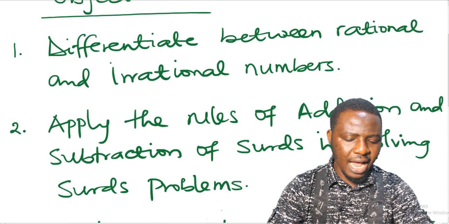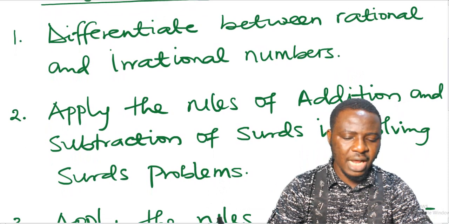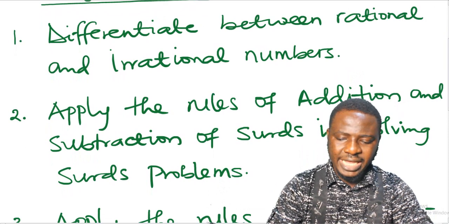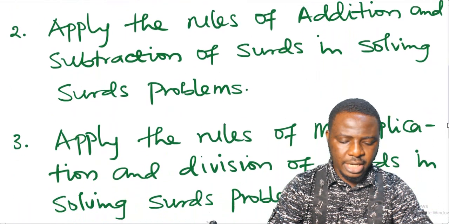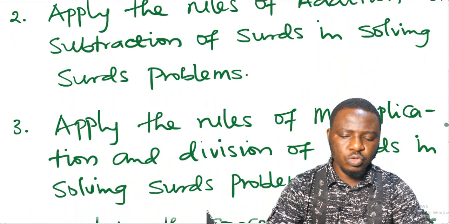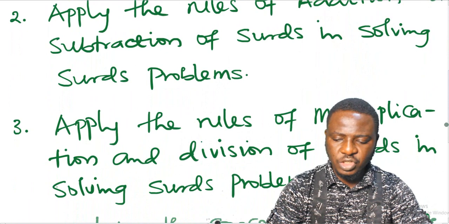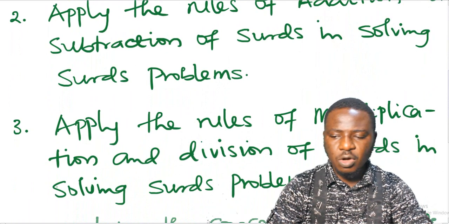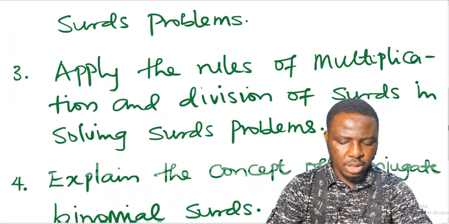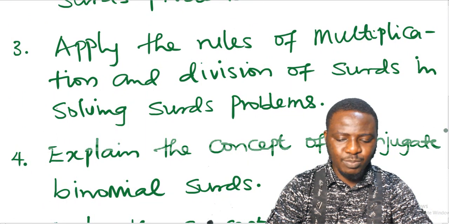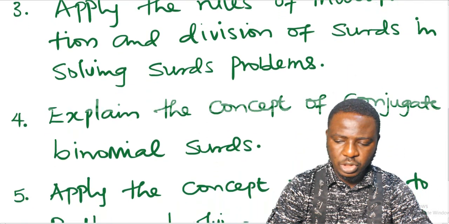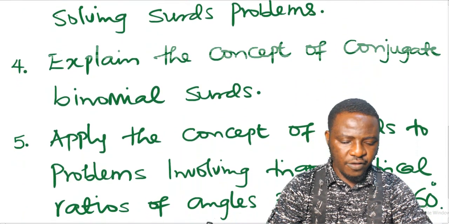2. We shall also apply the rules of addition and subtraction of surds in solving surd problems. 3. We shall apply the rules of multiplication and division of surds in solving surd problems. 4. Thereafter, we shall try to explain the concept of conjugate binomial surds. 5.